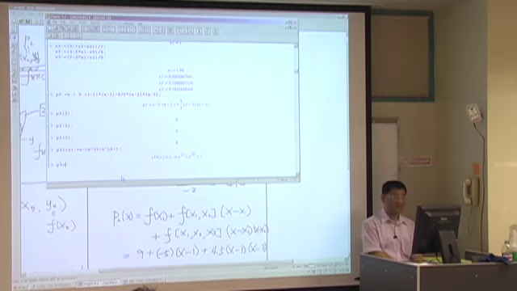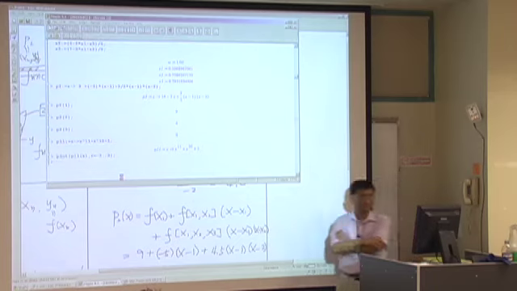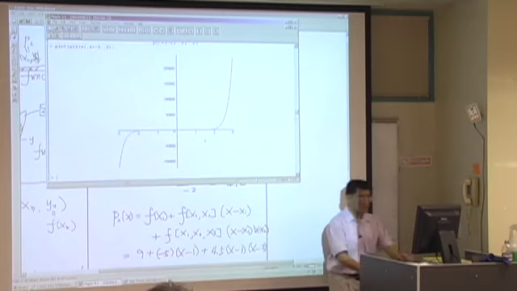Then let's plot this function with x running from minus 3 to 3. So it doesn't show very much.